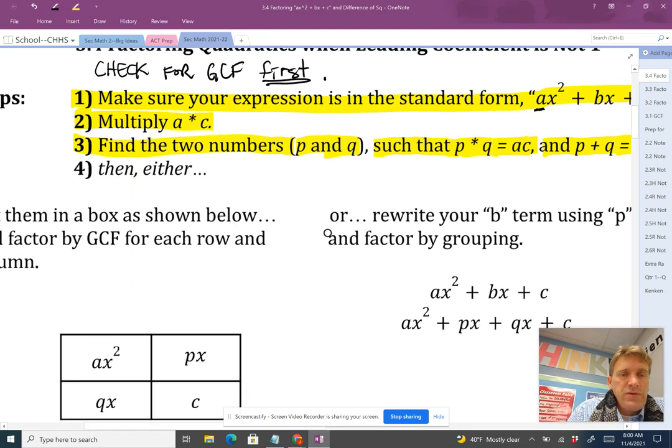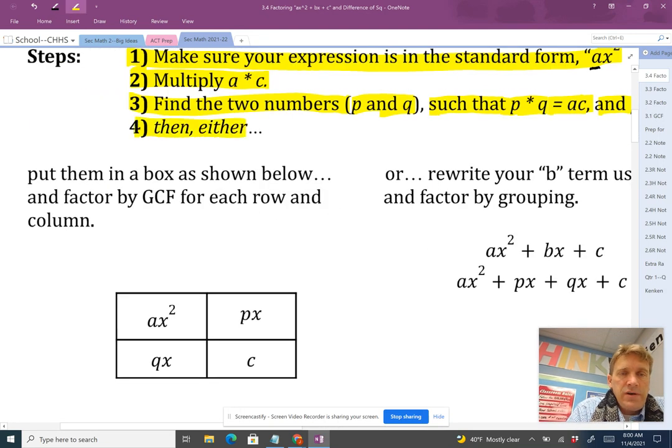Once you've found those two numbers, you can do one of two things. Either use the box method, put them in a box, using p and q to write the terms px and qx. Ax squared stays the same, c stays the same.